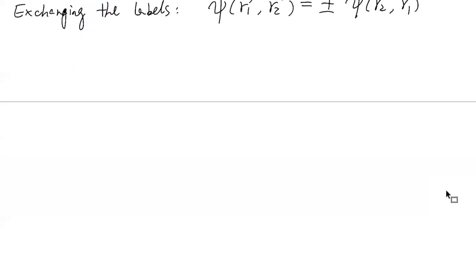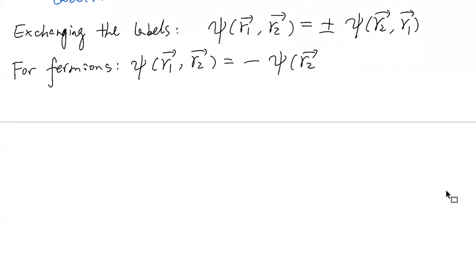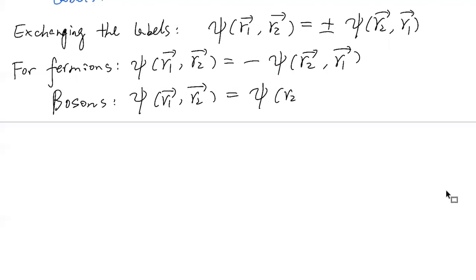So actually, it turns out that for fermions, you will have a negative sign. Psi R1, R2 is equal to negative psi R2, R1. And for bosons, psi R1, R2 is the same as psi R2, R1.